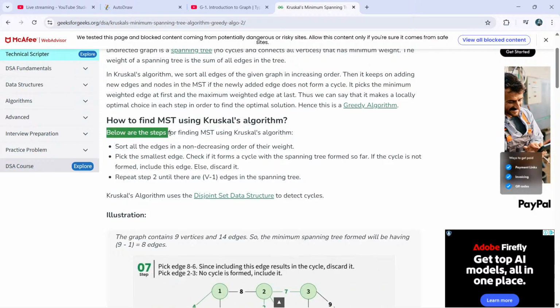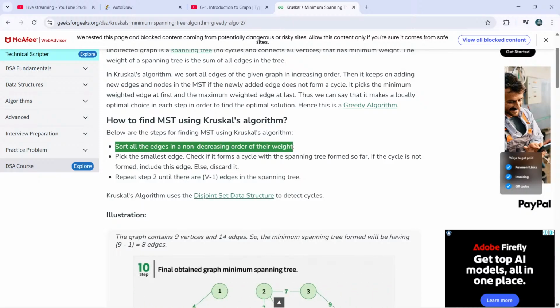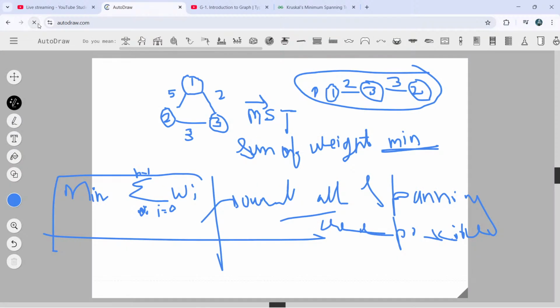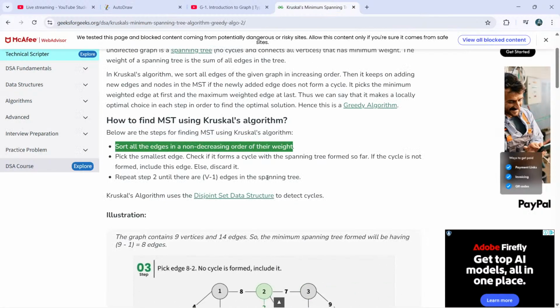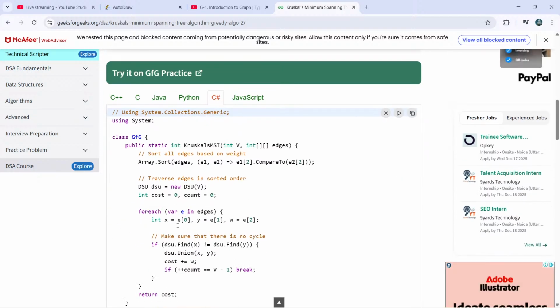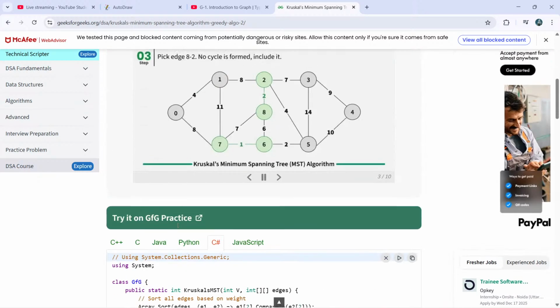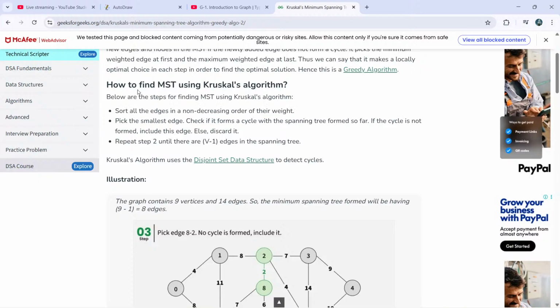Below are the steps for finding the minimum spanning tree using Kruskal's algorithm, right? Sort all the edges in non-decreasing order of the weight. Let's understand this, and also draw this and understand this.